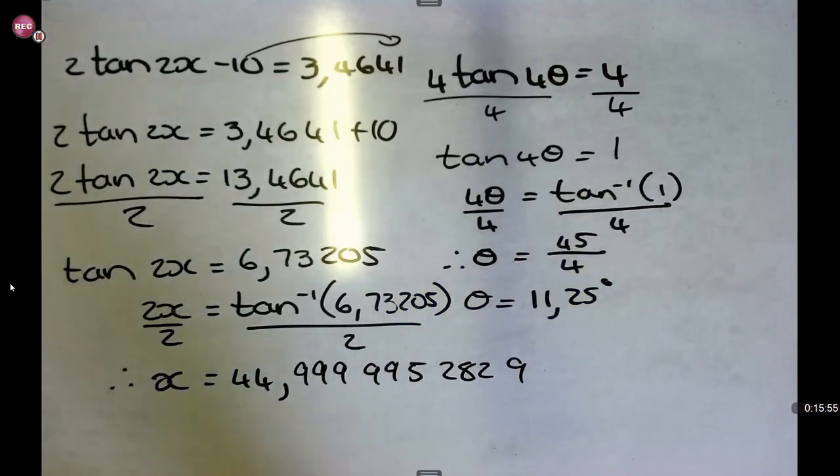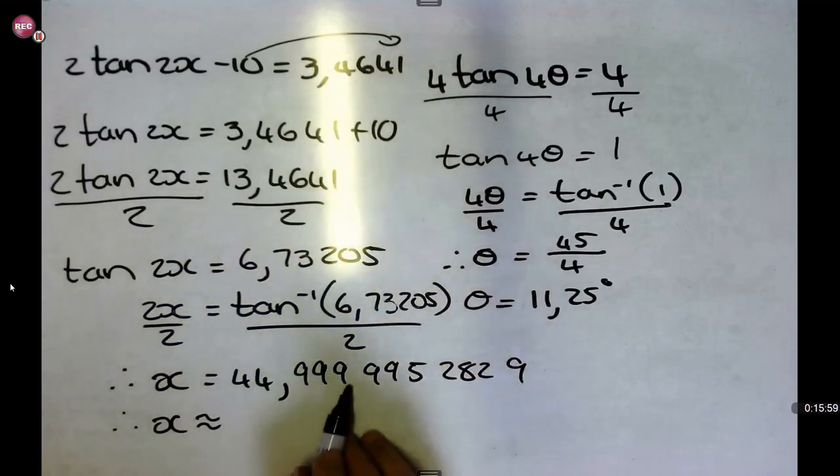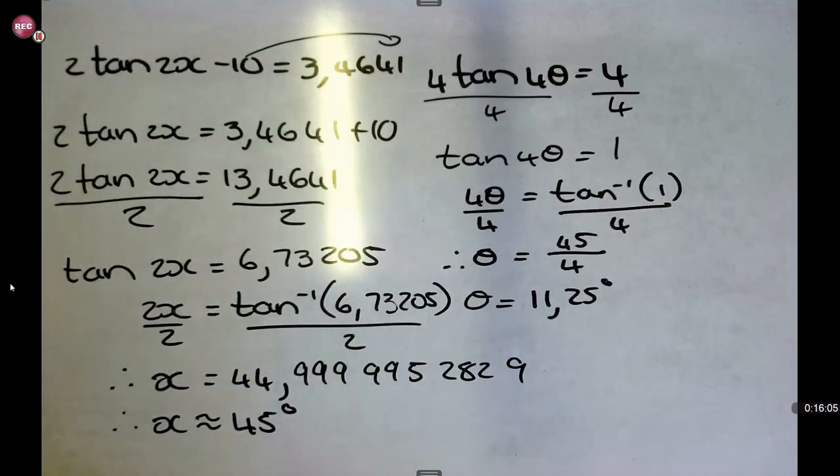Okay, so when you round off here, you'll then have the following. Because all of these are 9s and we're rounding off to 2 decimal places, it will change to 45 degrees. And there's your final answer. Okay.